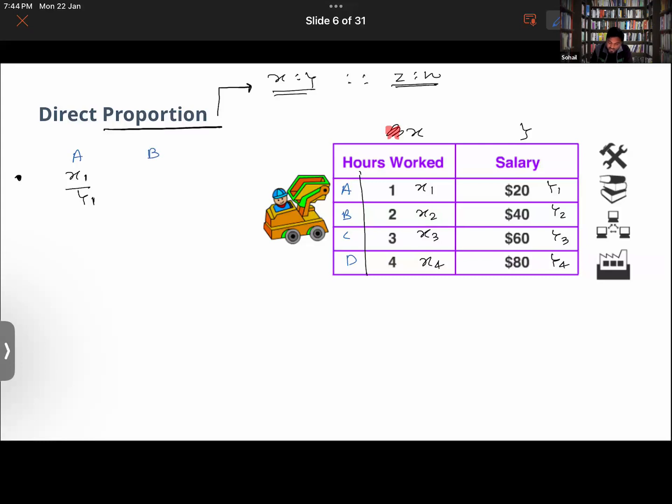So B will be what? B will be x2 upon y2. Now write the given values. X1 is how much? Arhan, what is x1 for us? 1. It is 1. And y1 is, guys, $20. Yes, it's 20. X2 is what? What is x2 for us?